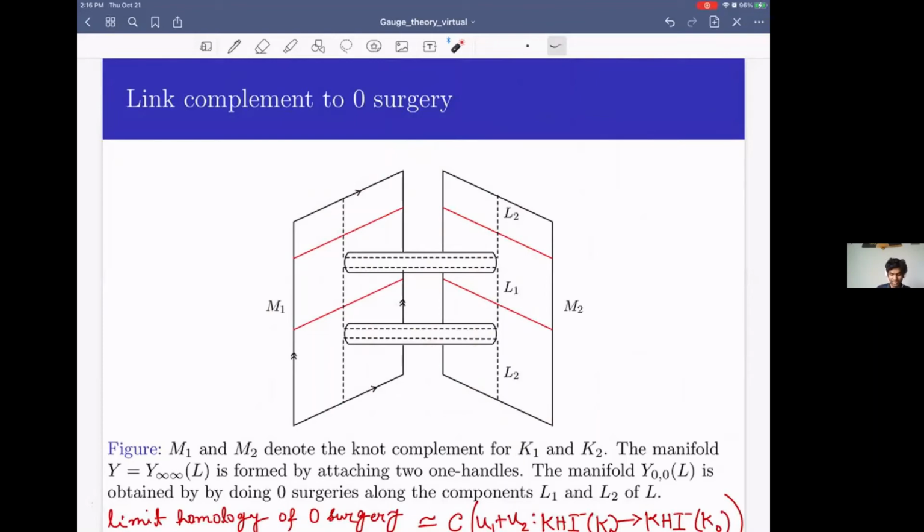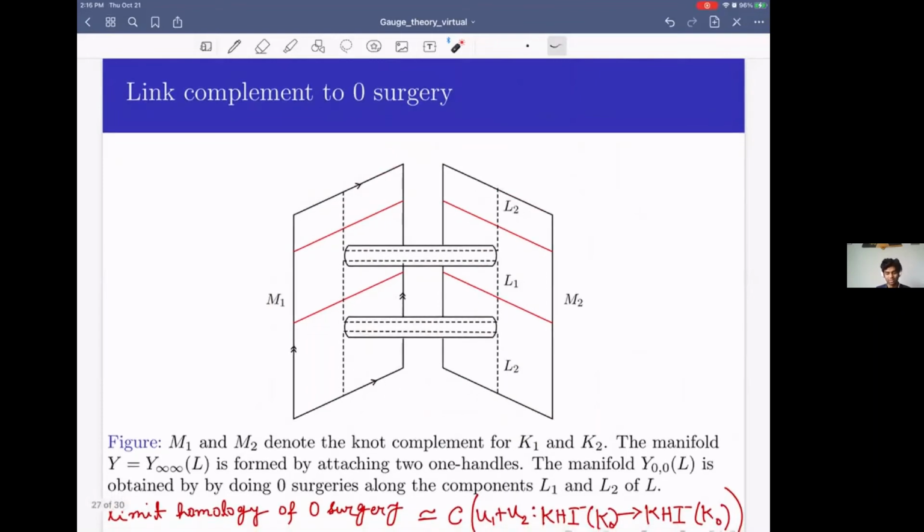And so then we can again run the iterated mapping cone formula argument. The only difference is that this is the link complement of K0, but earlier we were dealing with the disjoint union, not the complement. If you are dealing with the link complement, there is not much change in the argument.